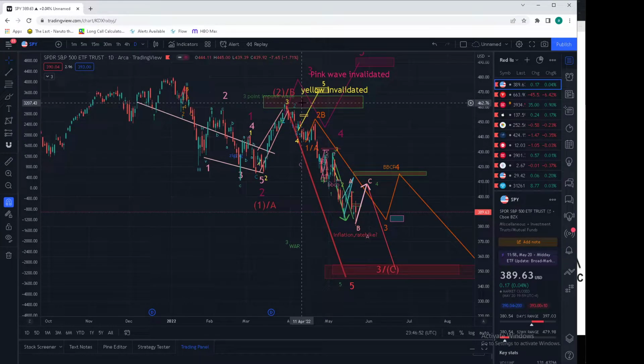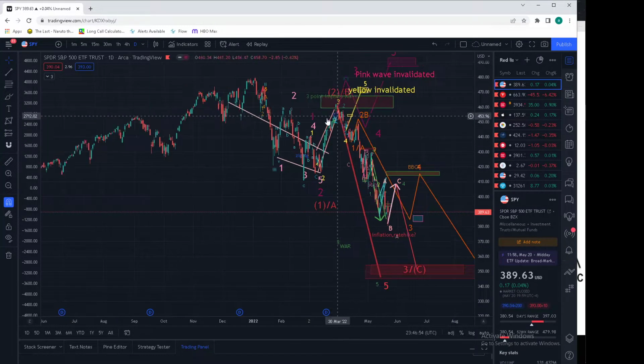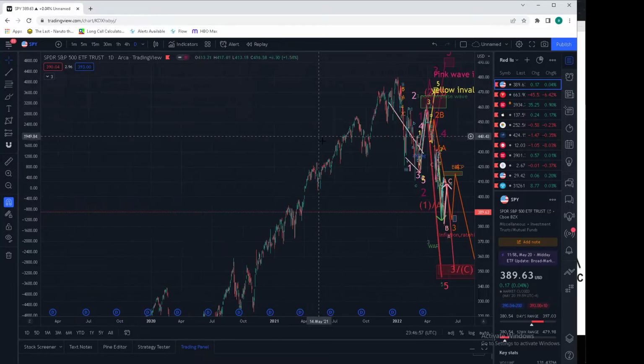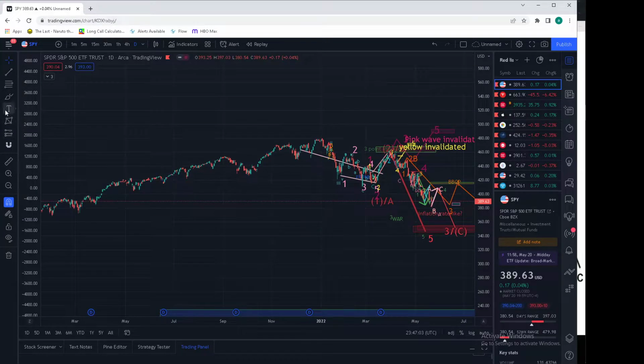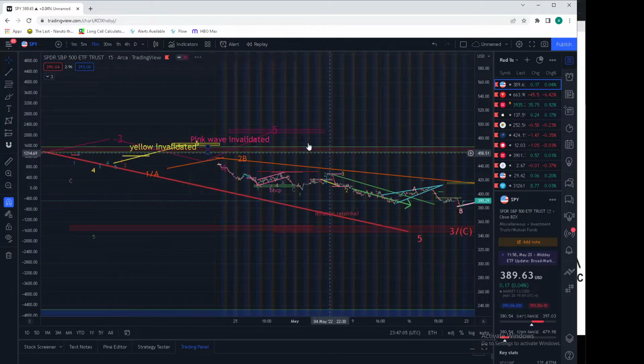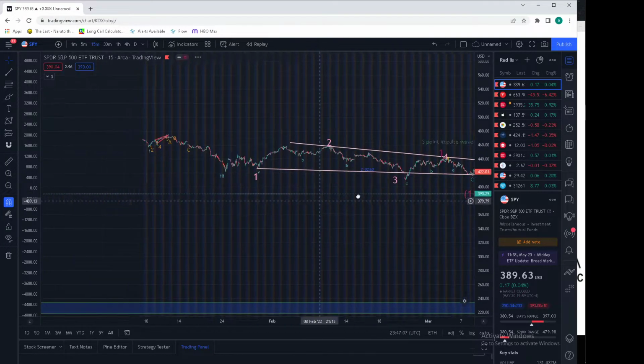Where do you get your 240 bottom? The 240 bottom comes from a full ABC correction of the impulse wave. I'll come back here and show you.